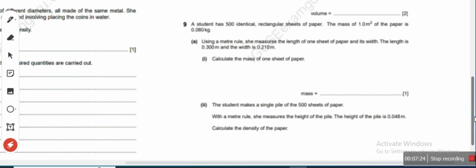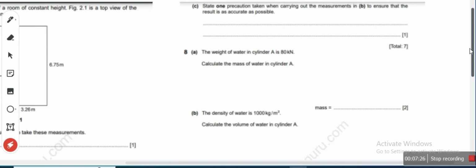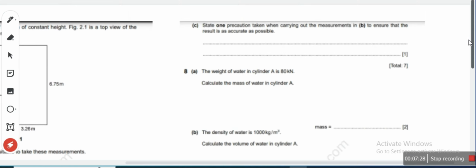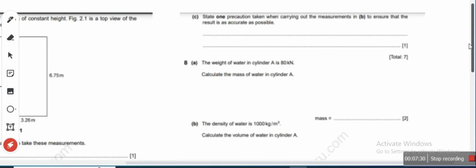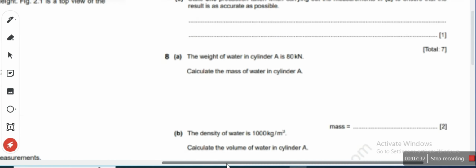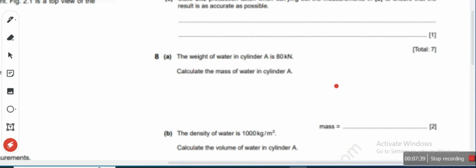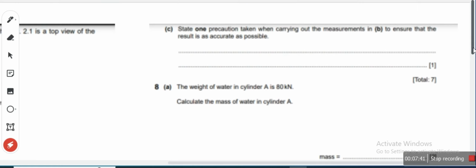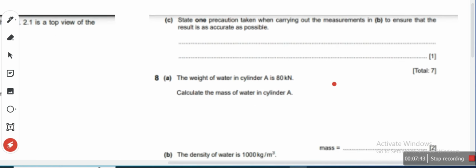Okay, we also have this, the continuation of number 7, and this number 8. I can zoom in a bit to reveal this better. Now this one, just a quick information, this says 80 kilonewton. Remember, kilo means times 1000, so this is about 80,000 newton. That's the weight.